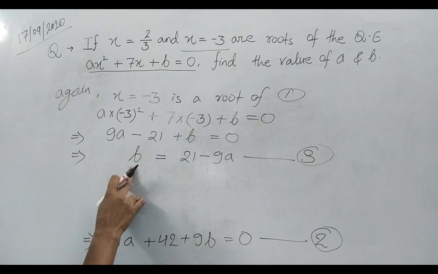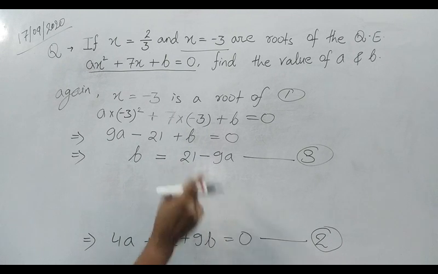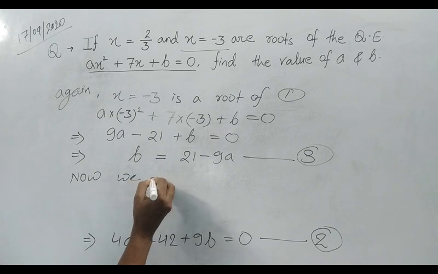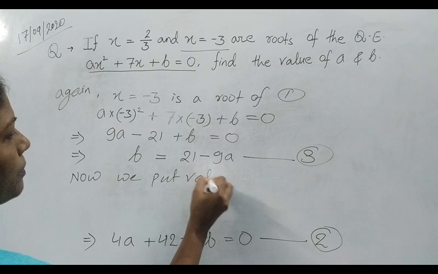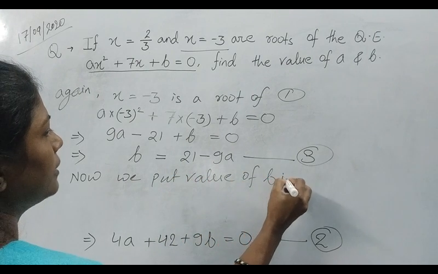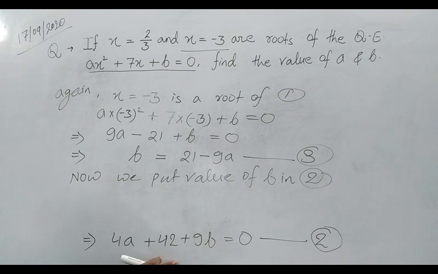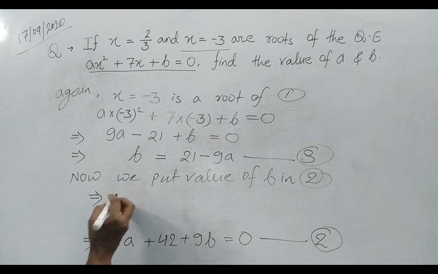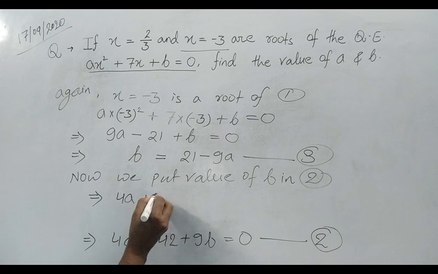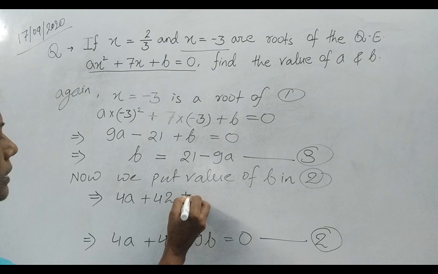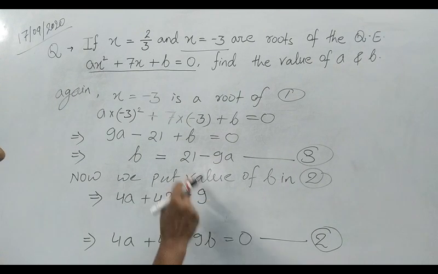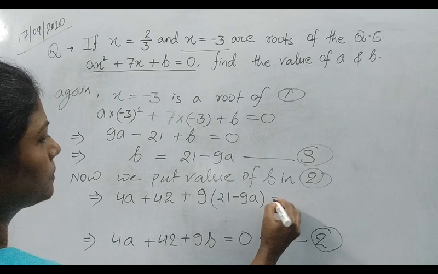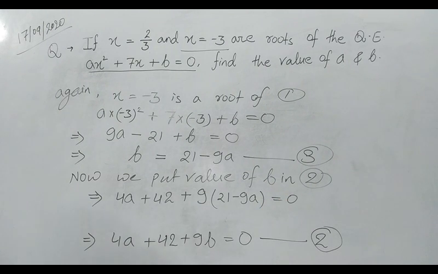Now we put this value of b from this equation into equation 2. Now we put the value of b in equation 2. So what we get: 4a plus 42 plus 9, and in place of b we are putting this value, 21 minus 9a, is equal to 0. Now we simplify this.